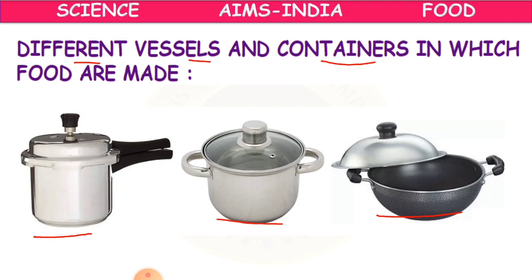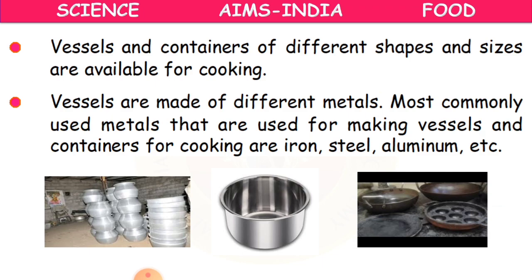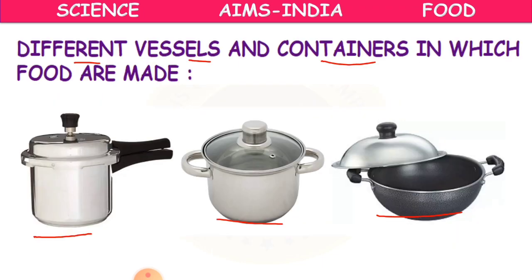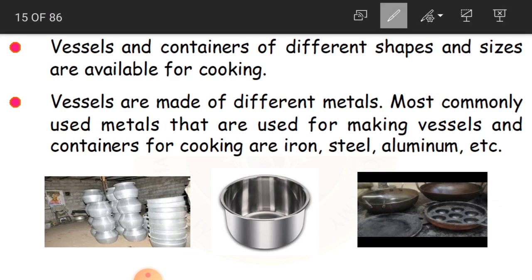So we use so many different vessels and containers. Vessels and containers of different shapes and sizes are available for cooking, as we said. And why do we use them?